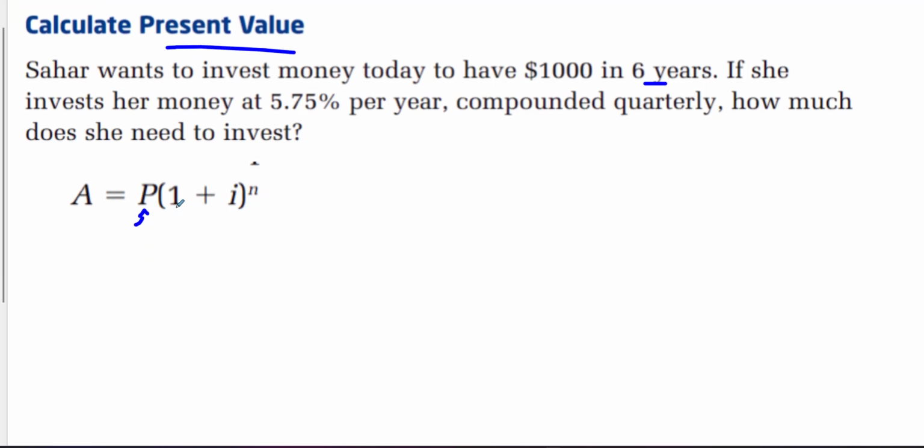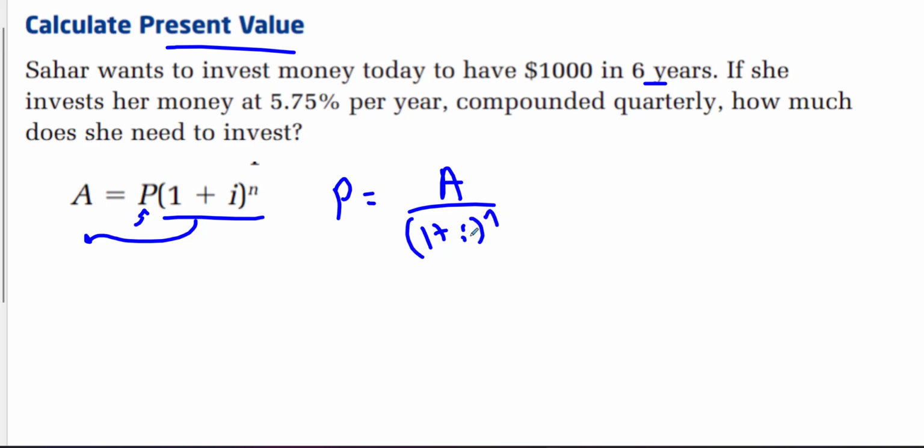So we need to rearrange to solve for P. So all you really have to do is take this term and bring it here. So P is equal to A over 1 plus I to the power of N. That's it. Just rearrange the equation. It's the exact same equation, just rearranging it to make it easier. And now we just plug in all our values.